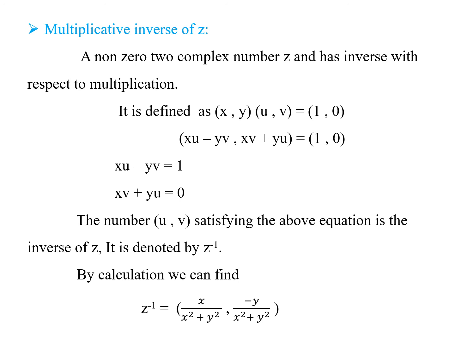These are the algebraic equations. We simplify them to get u and v, which give the multiplicative inverse of z: (x by x square plus y square, minus y by x square plus y square).